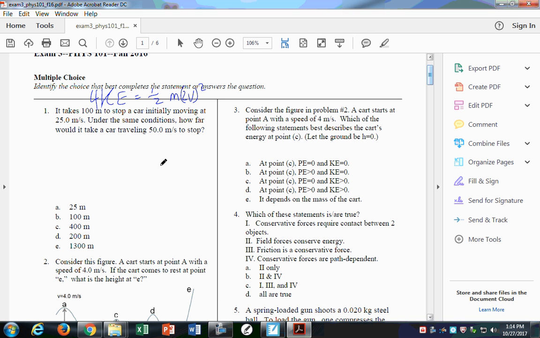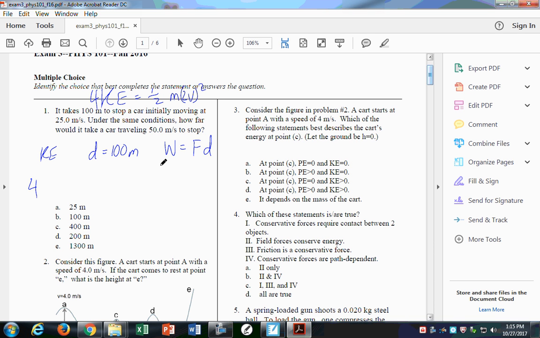So when I go from 25 to 50 meters per second, I quadruple my energy. I've doubled my speed, but I've quadrupled my energy. And when it had the original kinetic energy, it took a distance of 100 meters. That means that some force had to work on that car over 100 meters in order to make it stop.